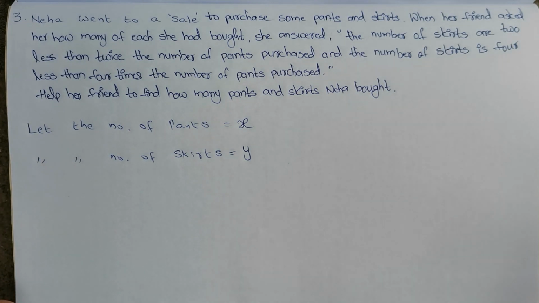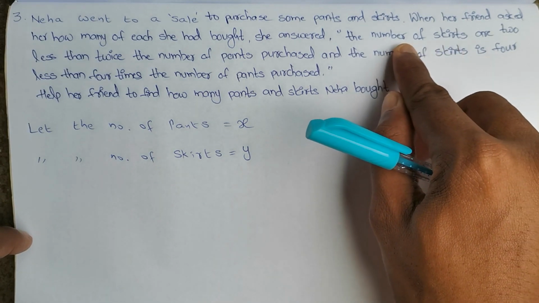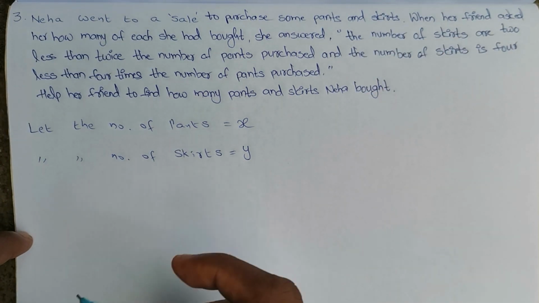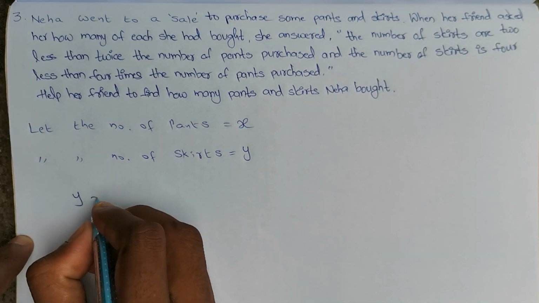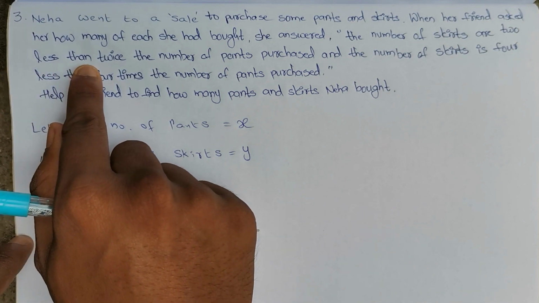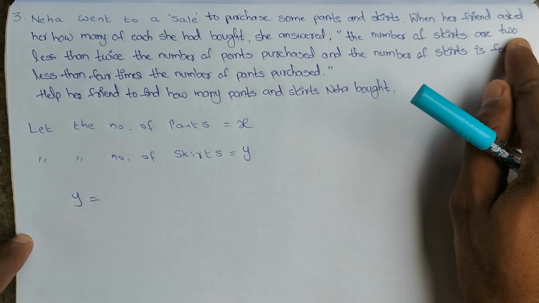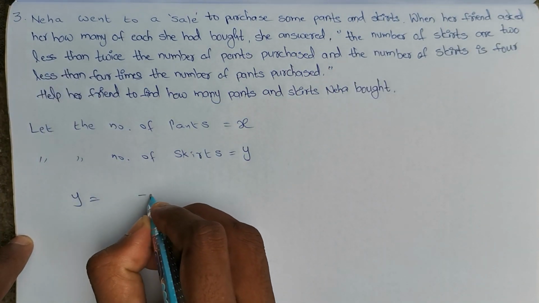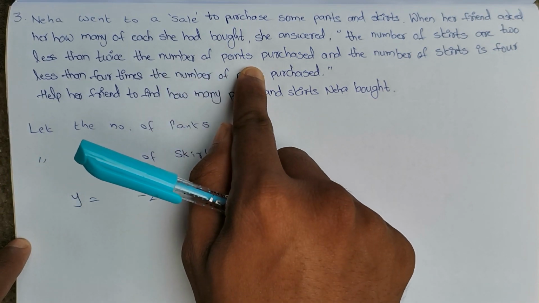Now let us read the conditions they give. The number of skirts, skirts means y, so y, the number of skirts is 2 less, minus 2, than twice the number of pants.